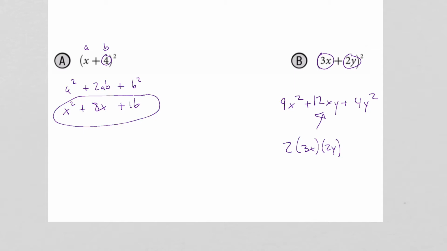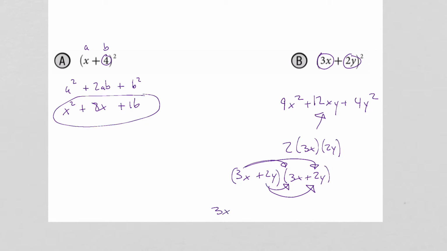And I don't know about you, but that's a lot faster than trying to do this mess: (3x + 2y)(3x + 2y), foiling it. First, outside, inside, last.